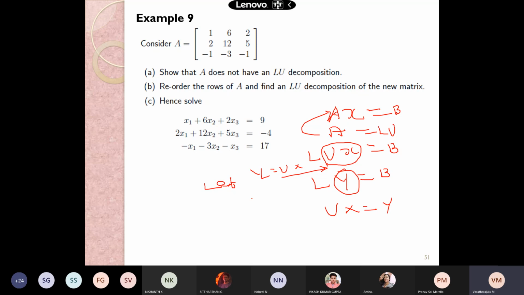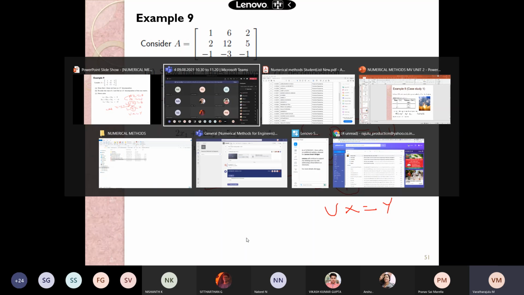Minus x1 minus 3x2 minus x3 is equal to 17. Have you copied down?